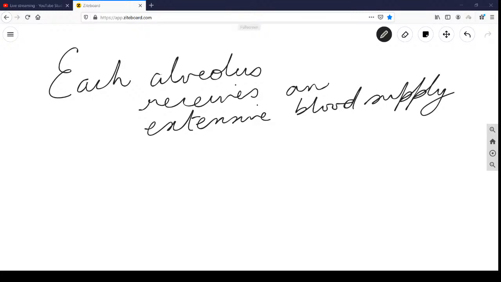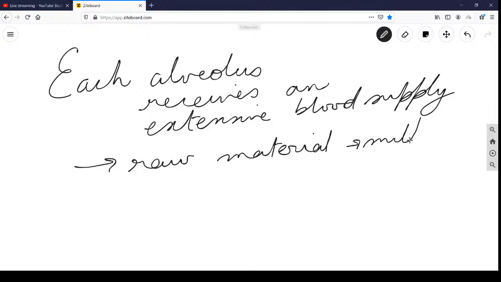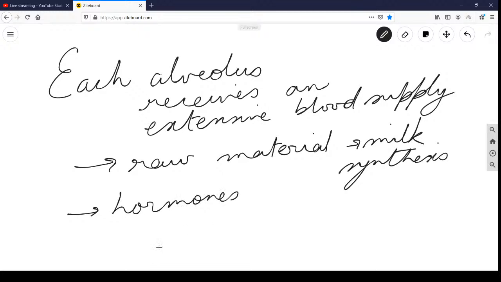That extensive blood supply also provides raw materials for milk synthesis and transports the hormones that control alveolar growth and function.